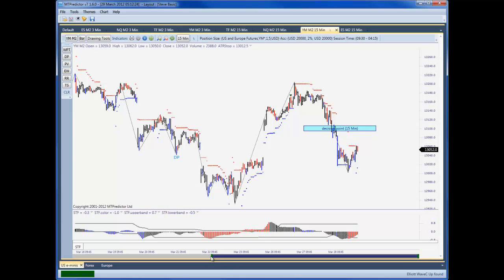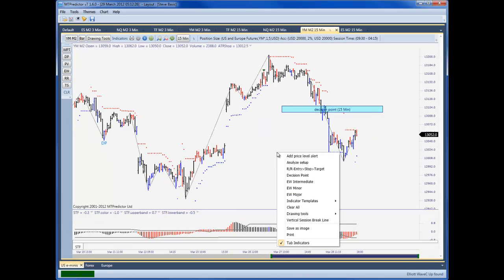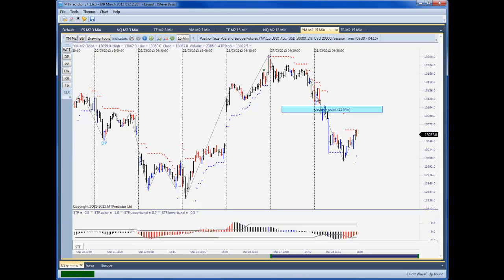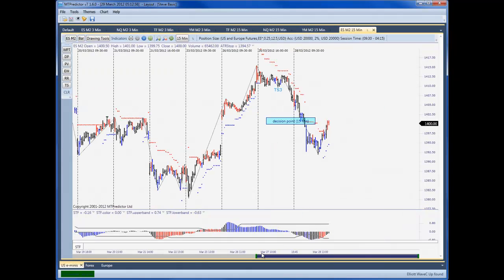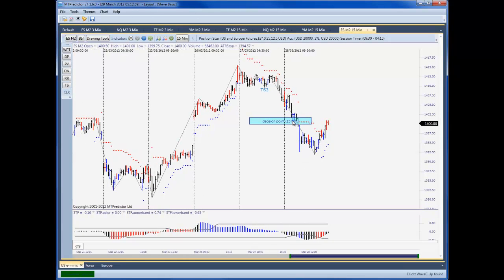The YM was very interesting because if I put the session times on here, you can see that here the market opened. We had this decision point on our charts as we were doing our customer training yesterday, and we were looking at potential support zones around about the 10:30 to 11 o'clock area here, but as you can see the market went down below this, so the 15-minute trend then turned back down again as the market declined, and we had a similar position on the ES as well, where we had the 15-minute support.